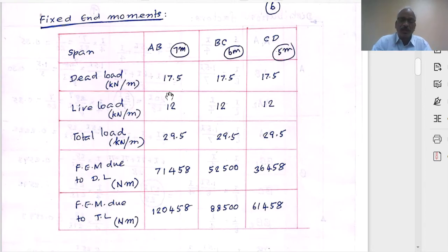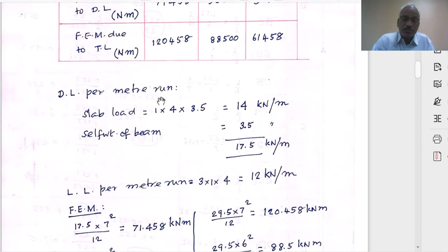Here, this calculation: dead load of slab per meter. The dead load is given as 3.5 kilonewton per square meter. So when you consider 1 meter length of the beam, 1 meter length into 4 meters width of the slab, 2 meters on either side, 4 meters width of the slab will transfer the load to 1 meter length of the beam.